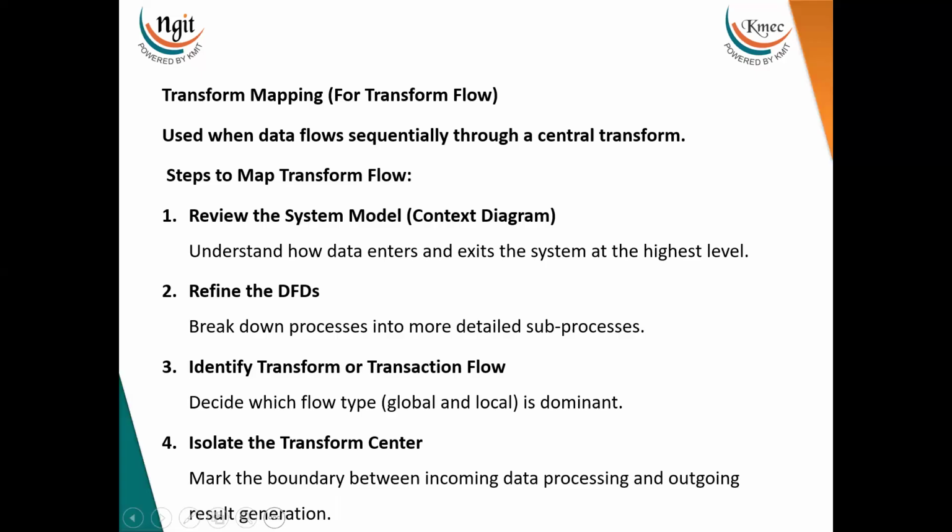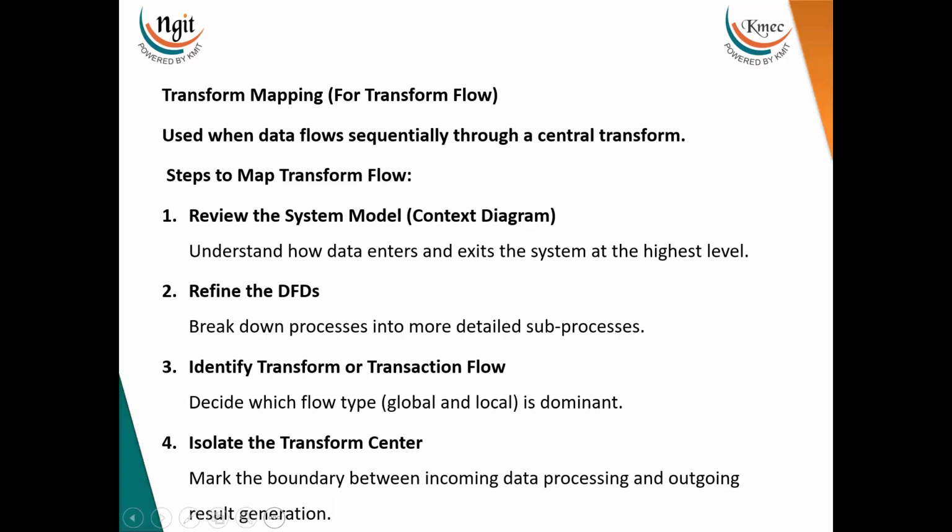In the next step, we review and refine the DFDs for software, where the information obtained from the analysis models is now refined to produce greater detail. That means the process implied by a transform performs a single distinct function that can be implemented as a component in software.